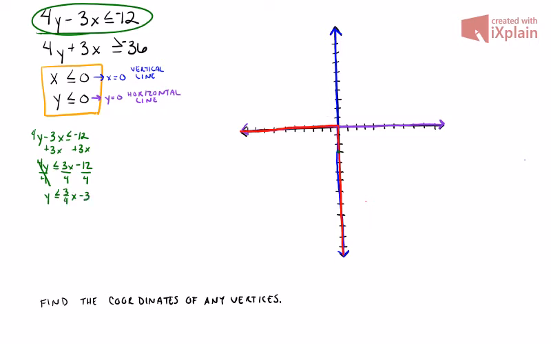So we know that we have a y-intercept at negative 3, and I can go up 3 to the right 4, or I could go down 3 to the right 4. And I think for me right now, 3 points is enough. It's a safe bet. And again, since I'm working with an or equal to option, I'm going to work with a solid line here.